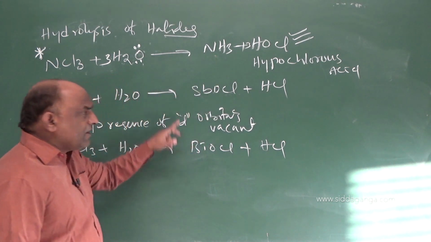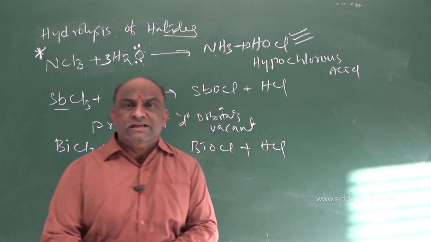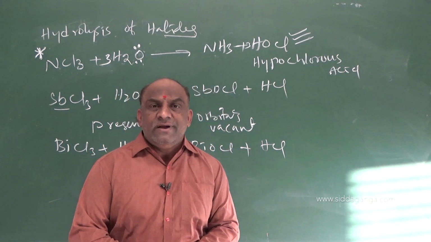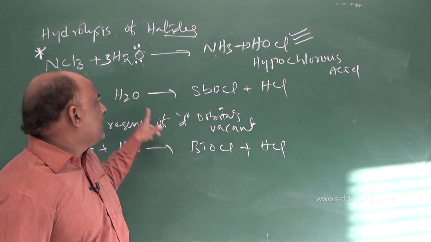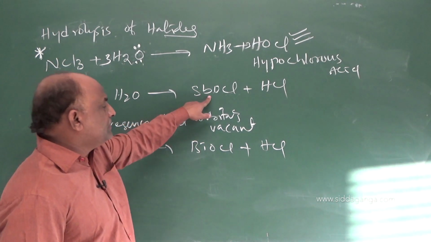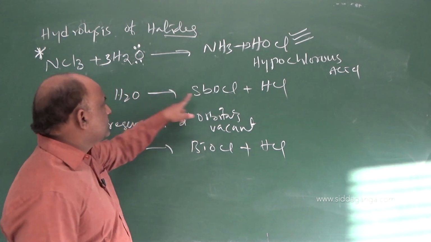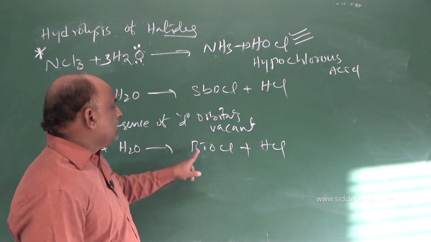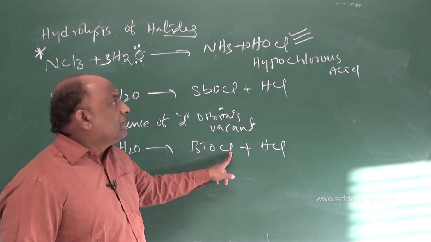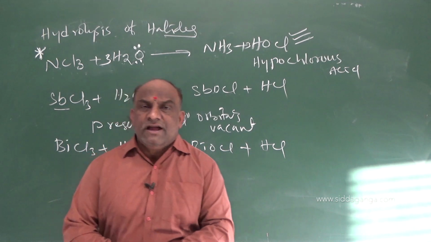Due to the inert pair effect, down the group the plus 3 oxidation state increases for heavy elements. Due to that reason, the compounds we expect from SbCl3 and BiCl3 will be SbOCl and BiOCl. SbCl3 gives rise to SbOCl, BiCl3 gives rise to BiOCl. So this is the information regarding hydrolysis of trihalides.